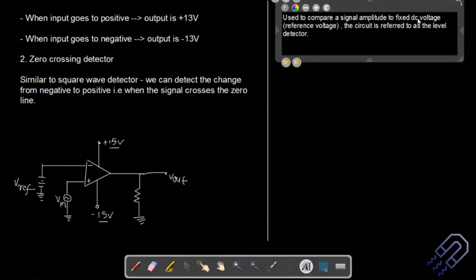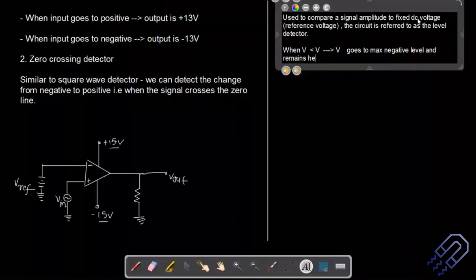In general, in this case, when this V input voltage is less than V reference, this V out will basically go to max level, max negative level, let's say, and remains there until the input is above V reference, and vice versa.